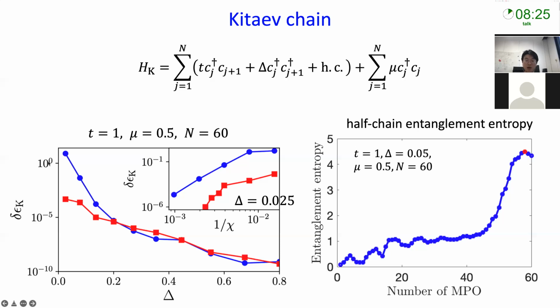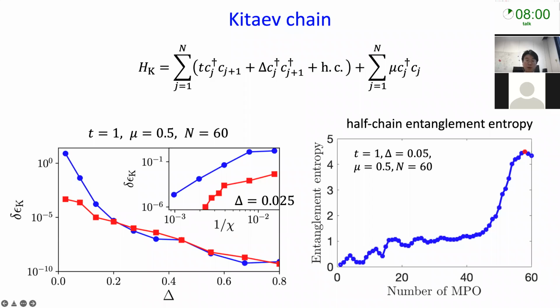As delta gets smaller and smaller, you can see the gap of the Kitaev chain is closing. The ground state is more like a Fermi sea, although it still has pairings. You'll see the MPO-MPS method becomes less and less accurate. The energy deviation is very large. However, the Pfaffian method is still good.